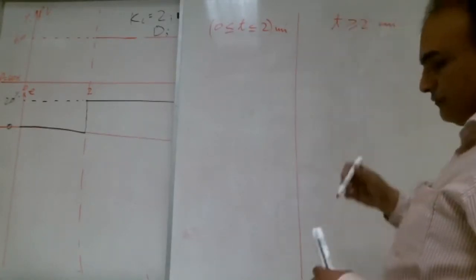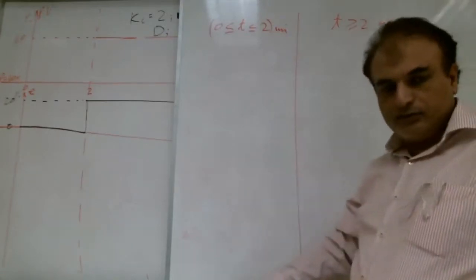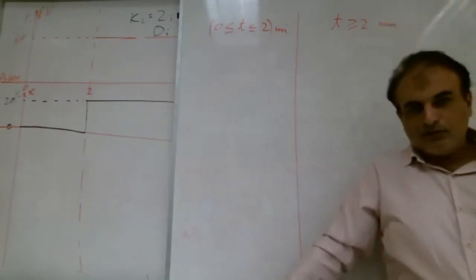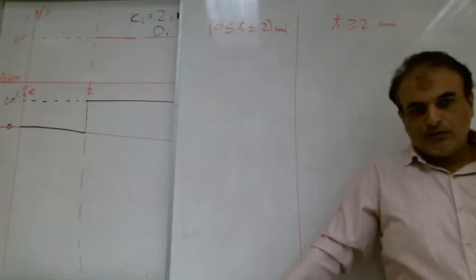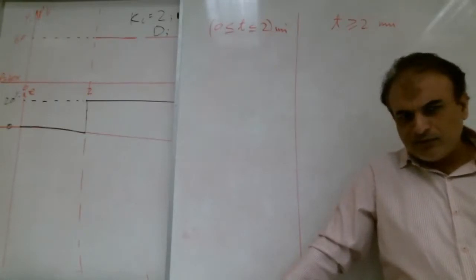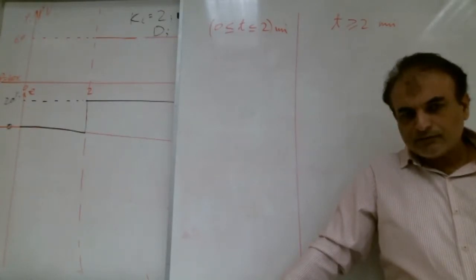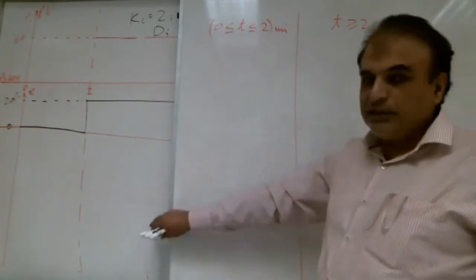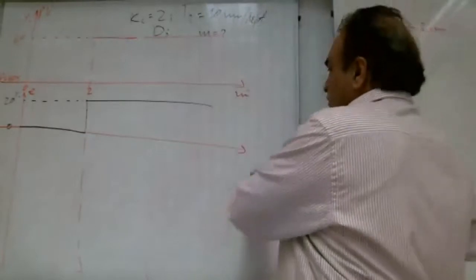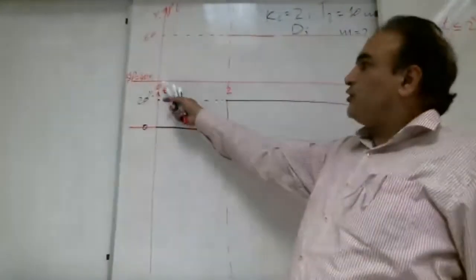Teacher, can you repeat for diagram number 2? Yes, this one, when you make the error 0 to 1. See here, 0 to 1, what is PV?